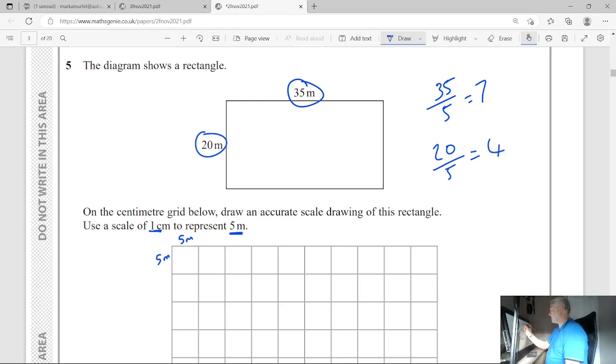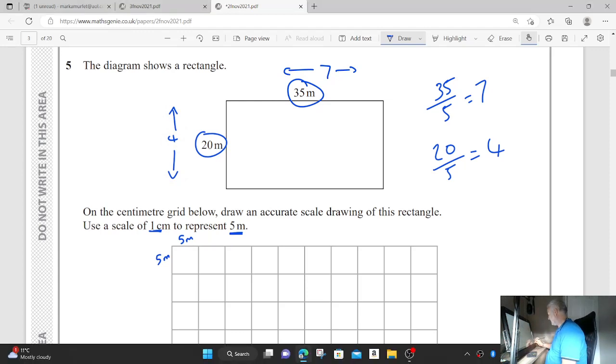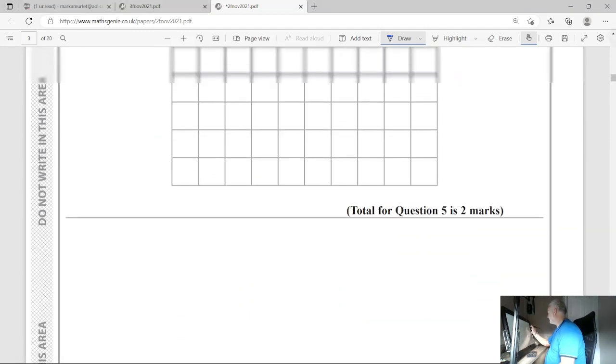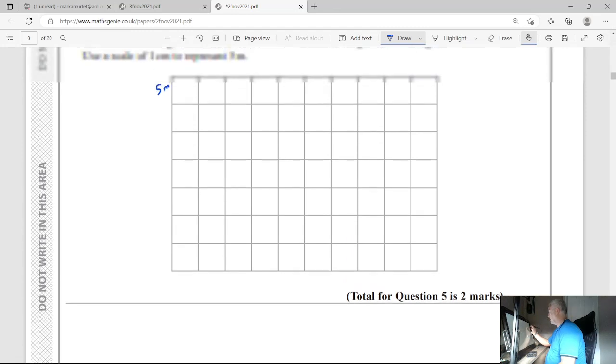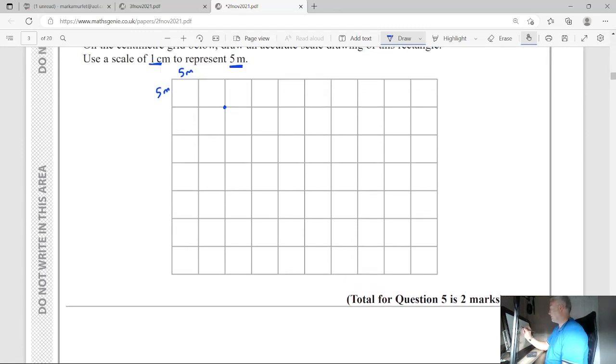So I know I need to go 7 squares that way, and I go 4 squares that way. So now I just need to draw that on my grid. Okay, so let's start at that point. 1, 2, 3, 4, 5, 6, 7. 1, 2, 3, 4.